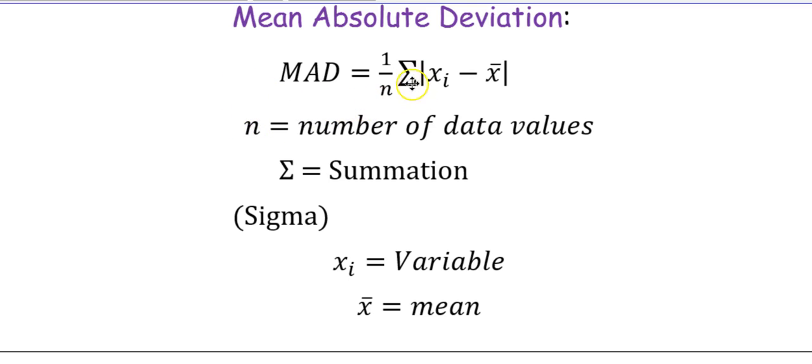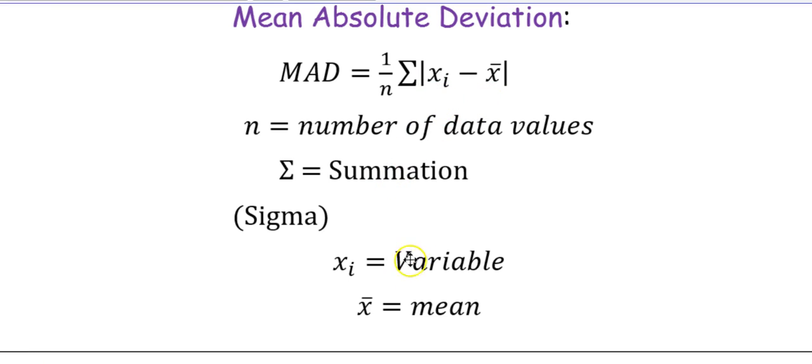This is a capital sigma, which is the summation of all this. That is, we have to add all the values obtained by taking the difference between the variable and the mean. I'll show it to you in the next table.